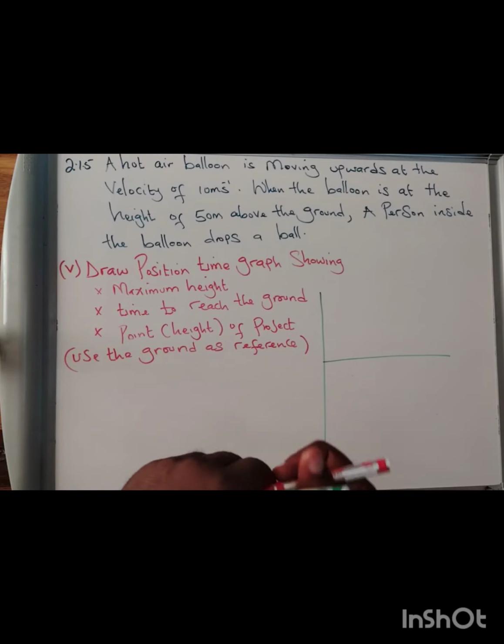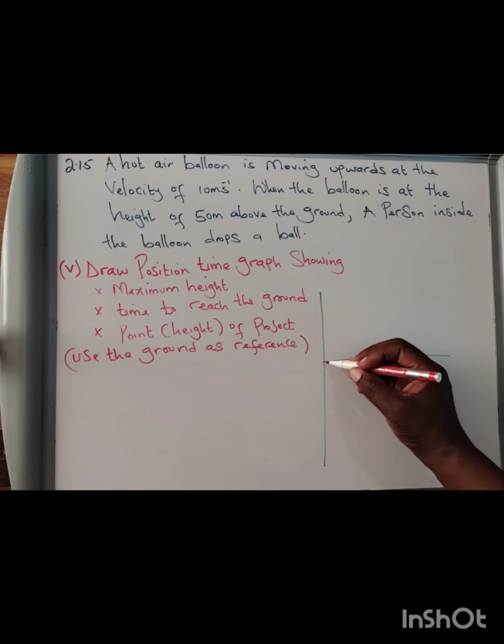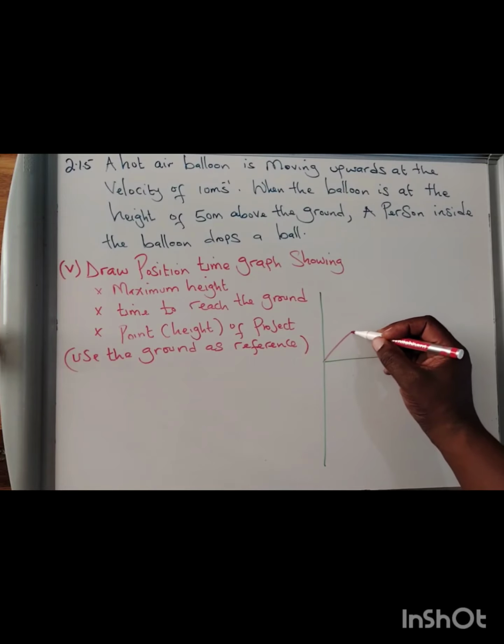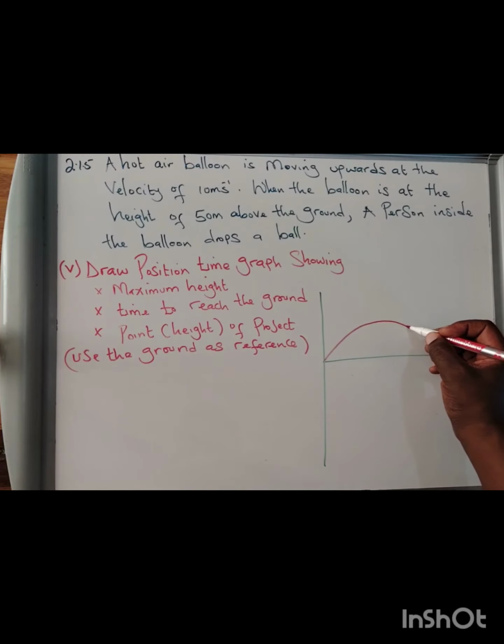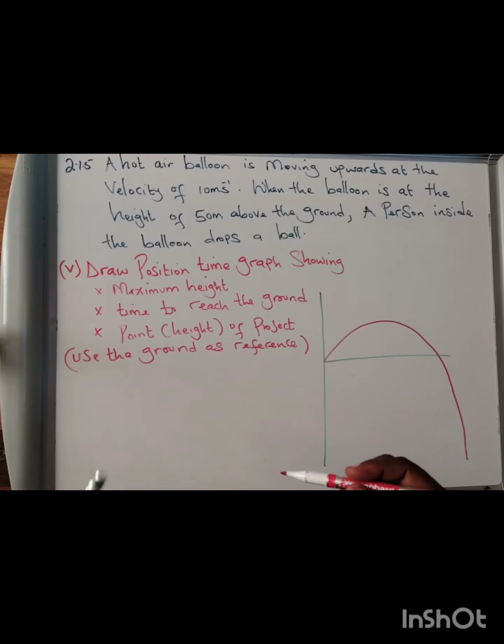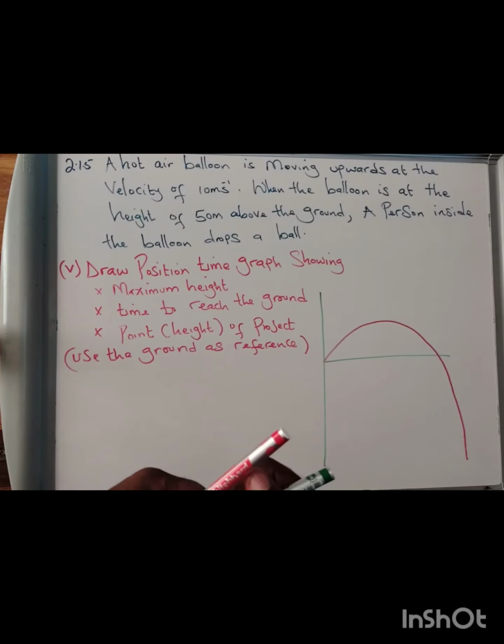In the sketch, the ball was initially projected upwards, which is maximum height, then came and struck the ground. So let us see what we know.